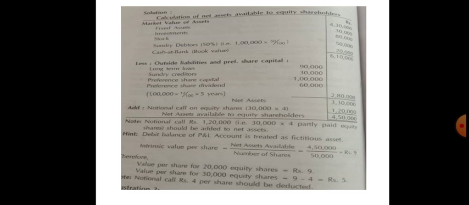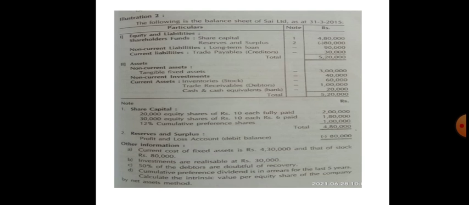Okay, so now the notional call for the 4 years is there. So add notional call on equity shares, 30,000 into 4, that is 1,20,000. How is it? Just see here in the note related to the share capital, there are two kinds of equity shares: 20,000 equity shares and 30,000 equity shares. The 20,000 equity shares are fully paid, rupees 10 fully paid, but for the 30,000 only 6 rupees is paid out of the 10 rupees.